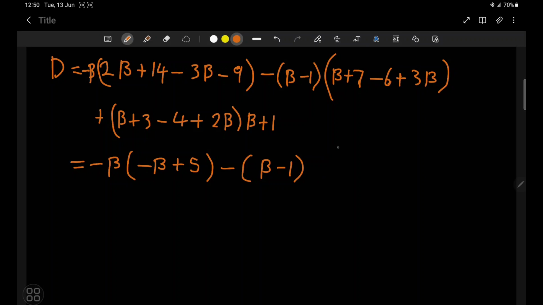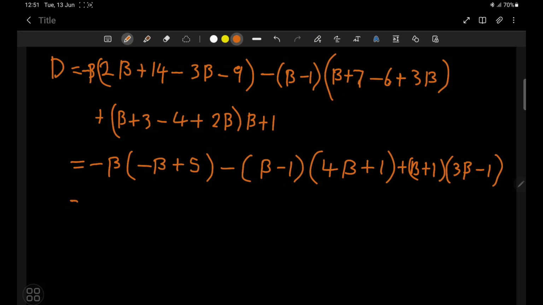We simplify what is inside here. So beta plus 3 beta will have 4 beta. Then 7 minus 6 will give us a positive 1. Then finally, plus beta plus 1 multiplying. Inside here we have beta plus 2 beta, that's 3 beta. Then 3 minus 4 will give us a negative 1.